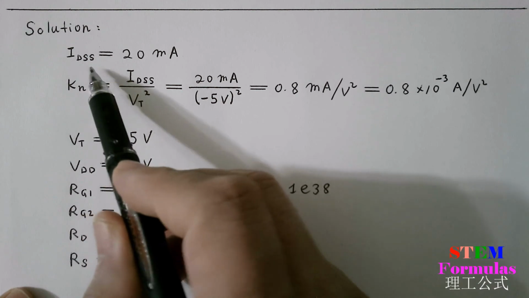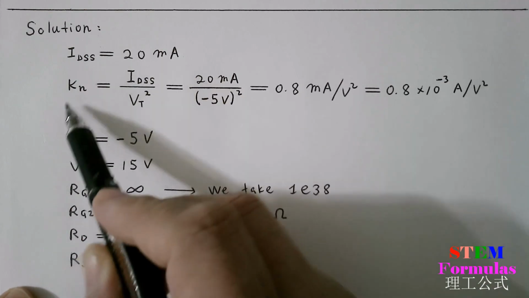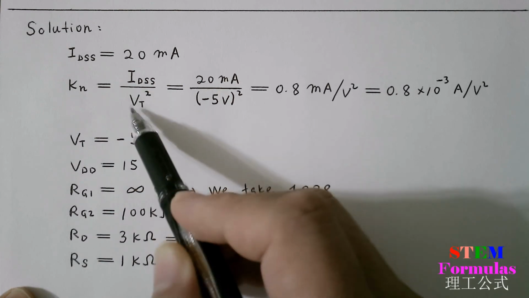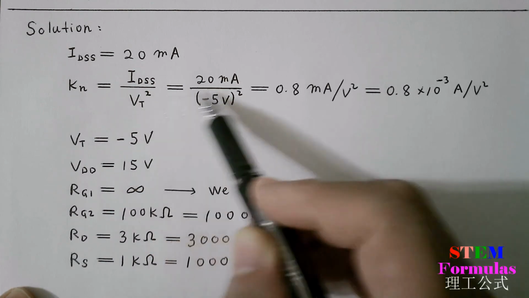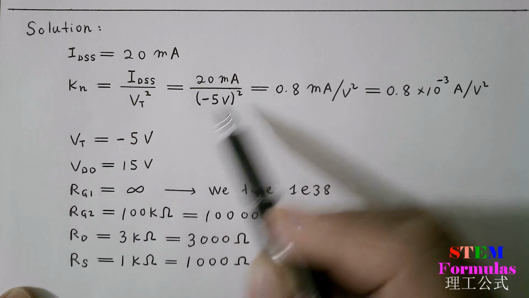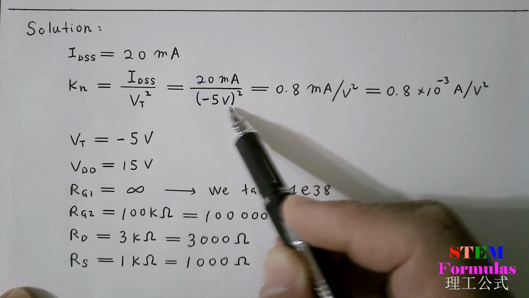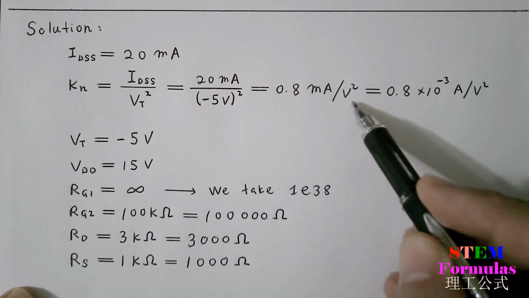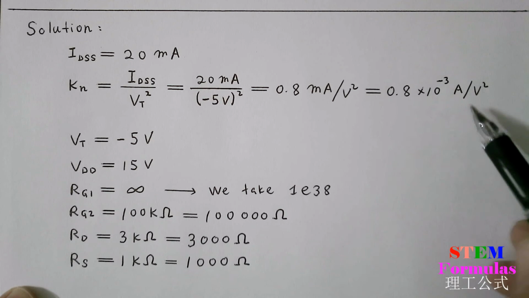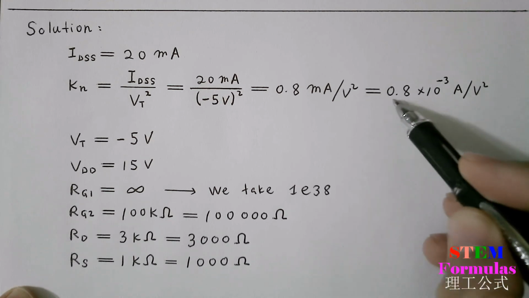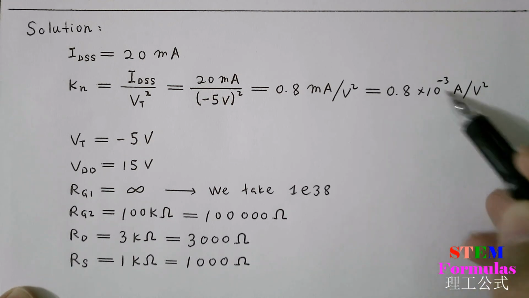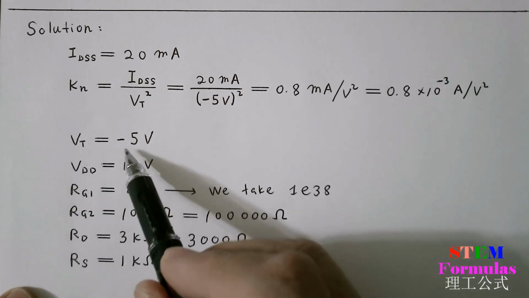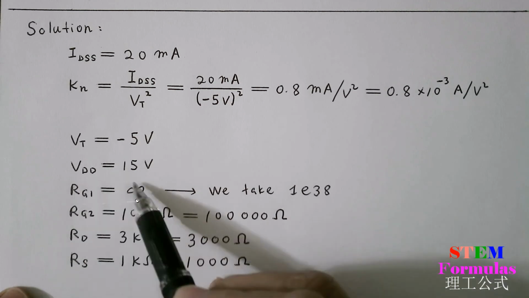Solutions. From IDSS equal 20 milliamp, we can find Kn. Kn equal to IDSS divided by VT square. So IDSS 20 milliamp, VT equals minus 5 volts square. So we get 0.8 milliamp per volt square, and we need to change to SI unit, 0.8 times 10 to the minus 3. And VT equals minus 5, VDD equals 15 volts.